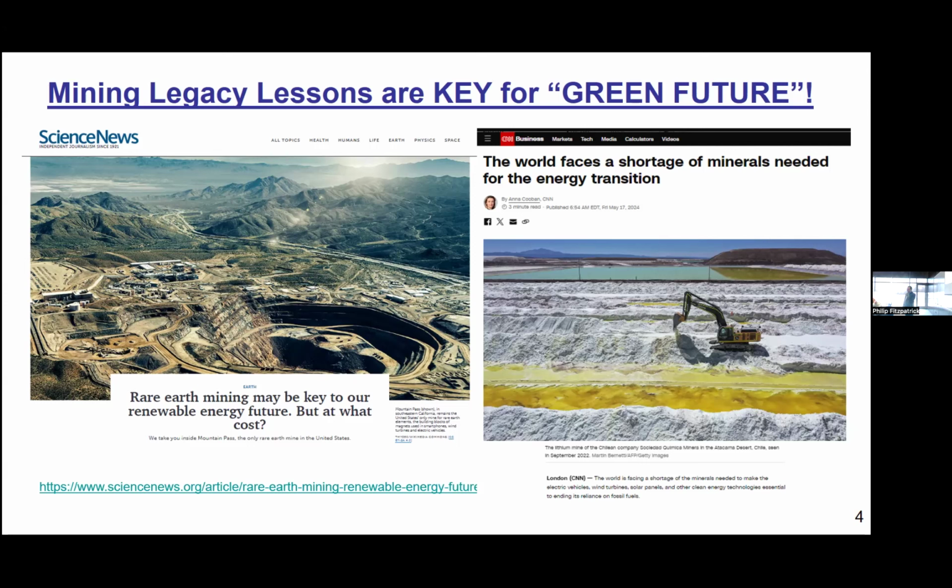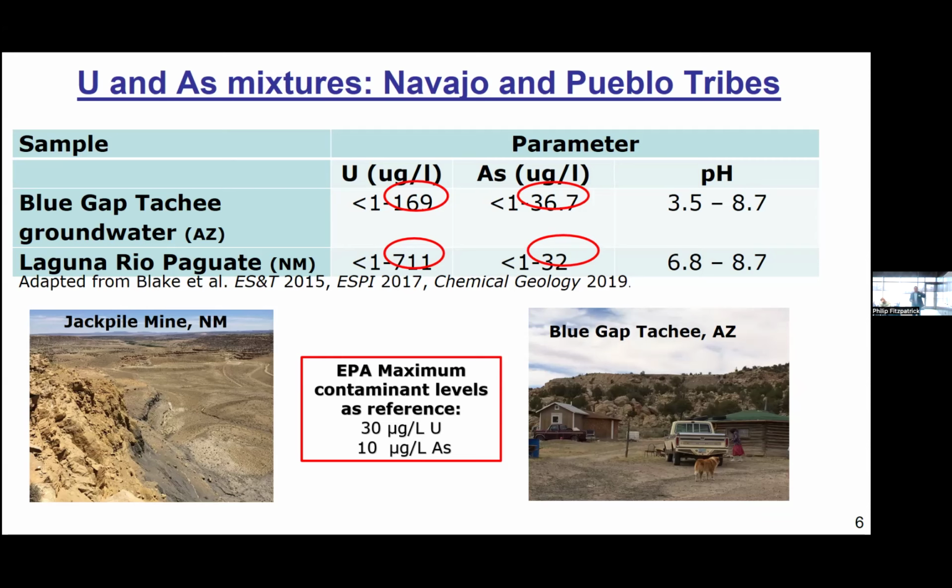And also, to make it even more interesting and more challenging for us, uranium doesn't occur alone. You have arsenic, you have vanadium, you have other co-occurring elements. In the case of arsenic, which has a maximum contaminant level of 10, there are some instances where it is exceeded.